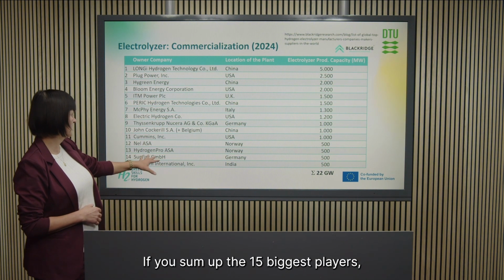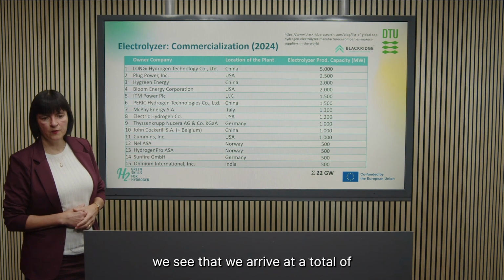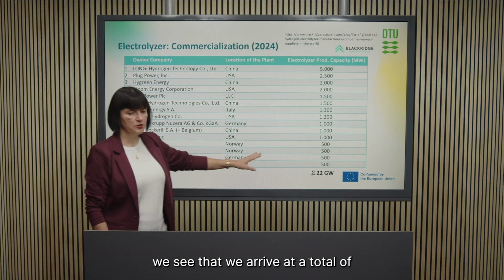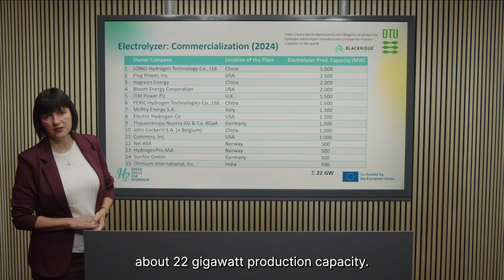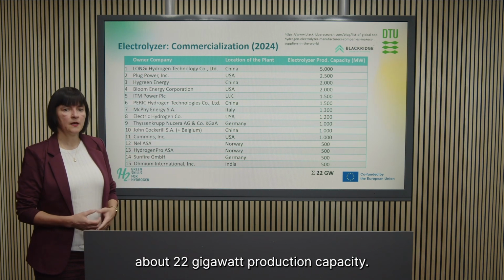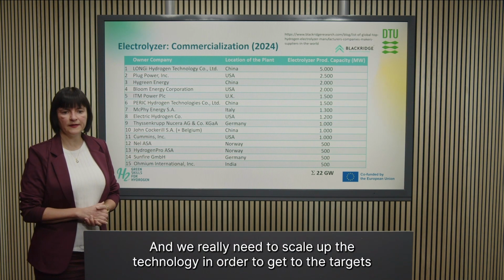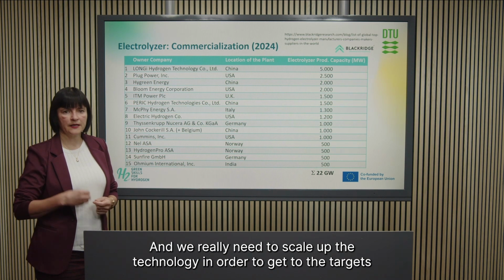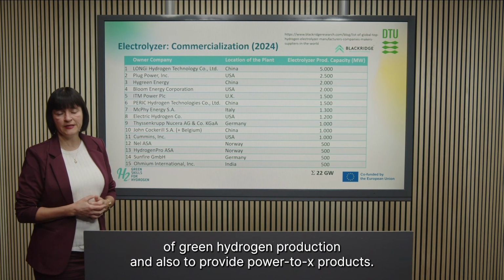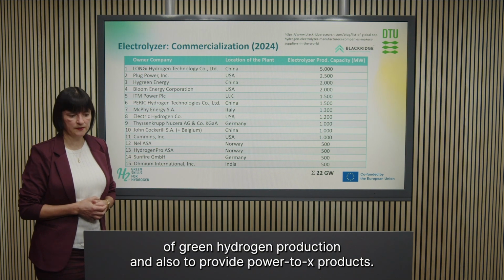If you sum up the 15 biggest players, we arrive at a total of about 22 gigawatt production capacity. So there is still a huge way to go, and we really need to scale up the technology in order to get to the targets of green hydrogen production and also to provide Power-to-X products.